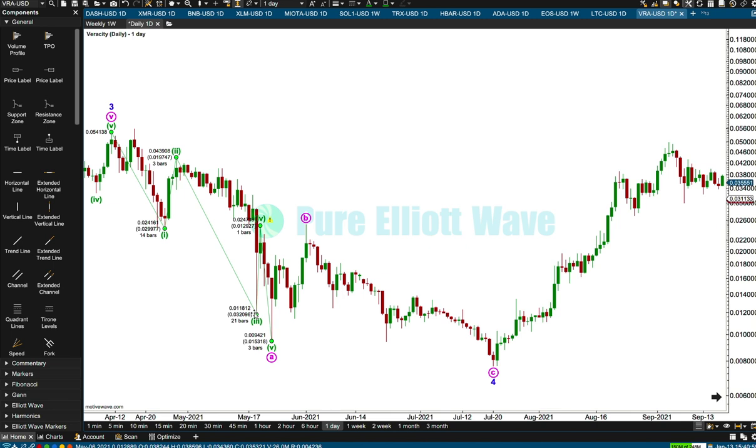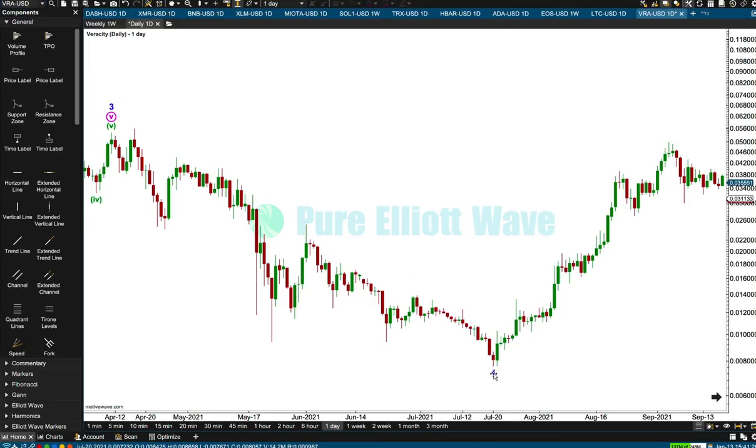One looks like a pretty good impulse. Oh, what if we have this here? Is that going to work? What if 3 was here? There's still an overlap. That's not solving anything. Okay, it's not a double, it's not a single.